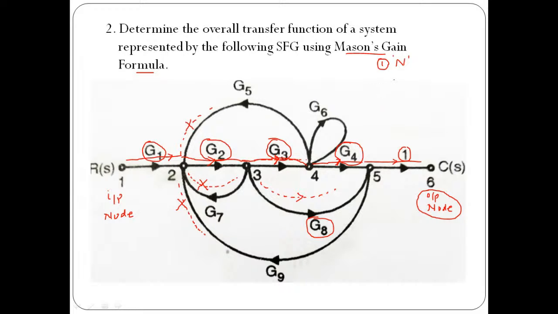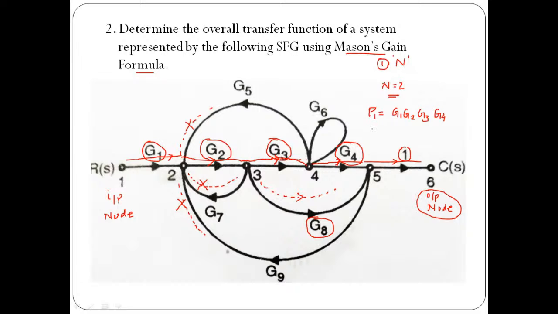So I think in this particular numerical, we have a total of two forward paths. Suppose you are interested in finding the gain of forward path P1, so it will be G1, G2, G3, and G4.